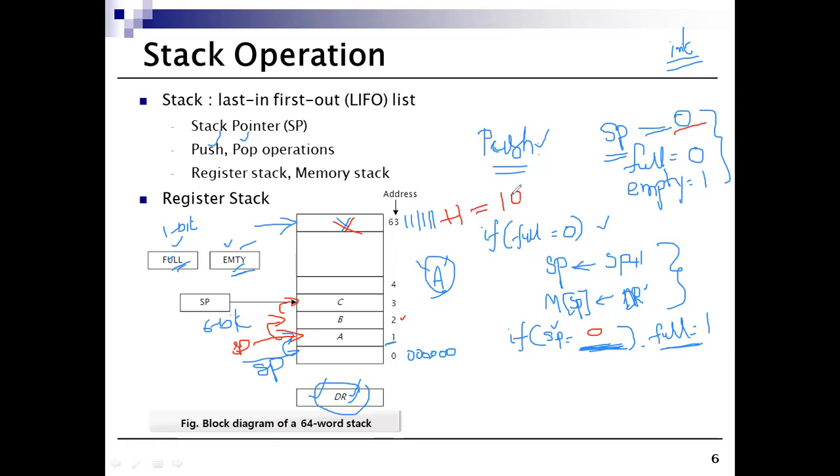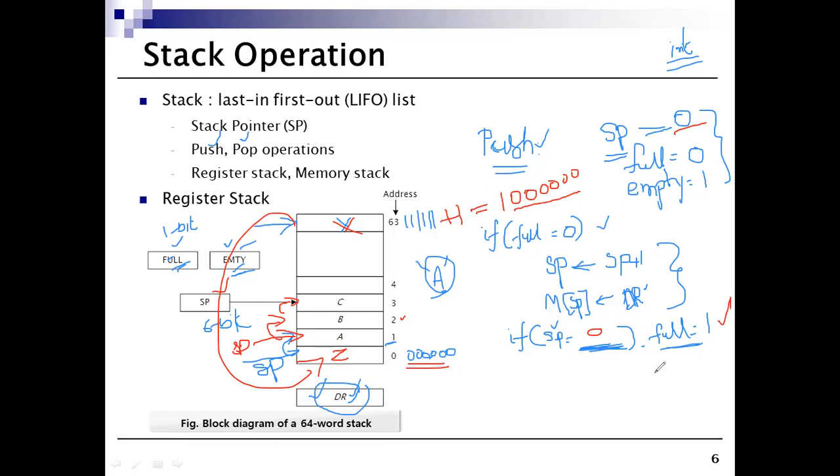I'll get a 7-bit result with 1 and 6 zeros, out of which only 6 zeros will be loaded by SP because it is just a 6-bit register. So SP rolls over, points to this location, and I load my last element here. As and when SP reaches 0, it means my complete stack is full. Now I can make my full equal to 1.